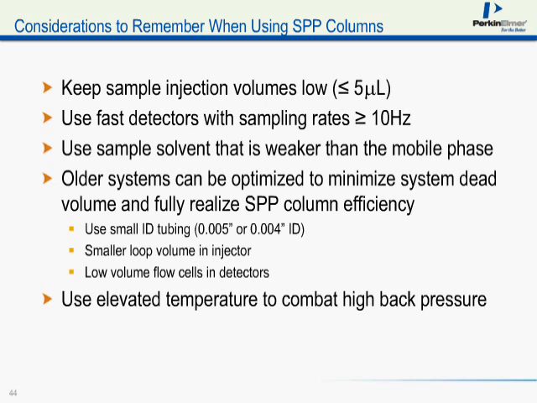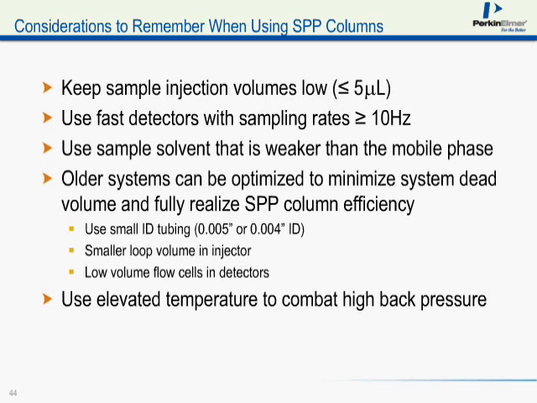Those are the 2 critical pieces of tubing that you have to replace. If you replace them with .005 or .004 inch ID, or in some cases even a .0025 inch ID, you're going to eliminate dispersion and what we call dead volume in your system, and you're going to get sharper peaks.